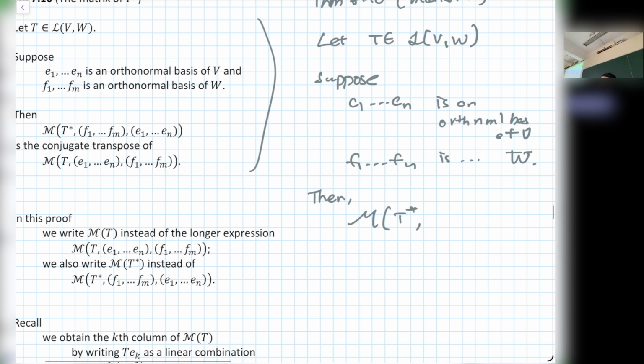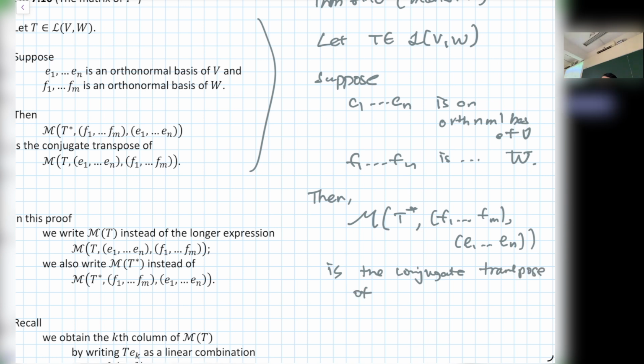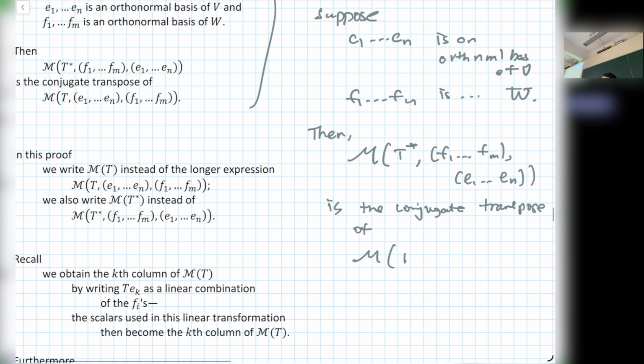The matrix representation of T star relative to F1 to Fm and E1 to En is the conjugate transpose of the matrix representation of T relative to E1 to En and F1 to Fm. Is the statement clear?